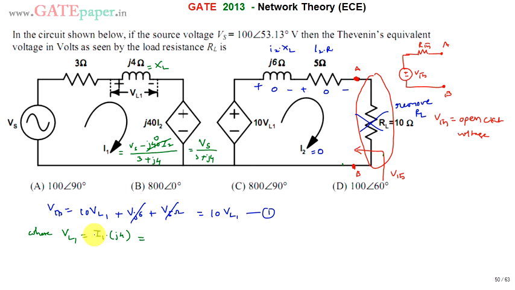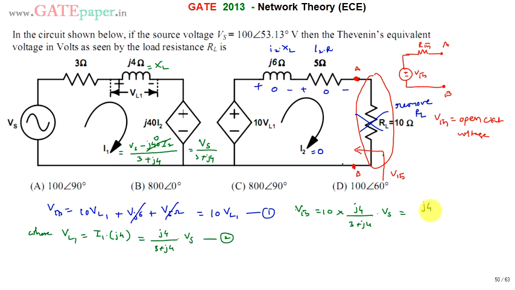VL1 can now be calculated: j4 divided by 3 plus j4 times Vs. Now use equations 1 and 2: VTH is 10 times VL1, which is j4 divided by 3 plus j4 times Vs.